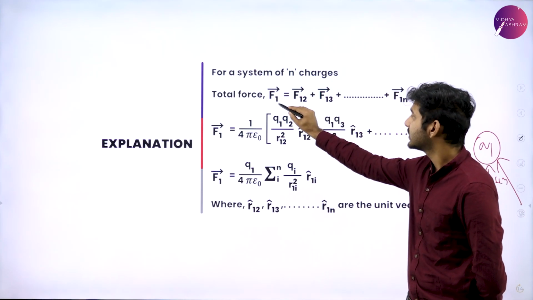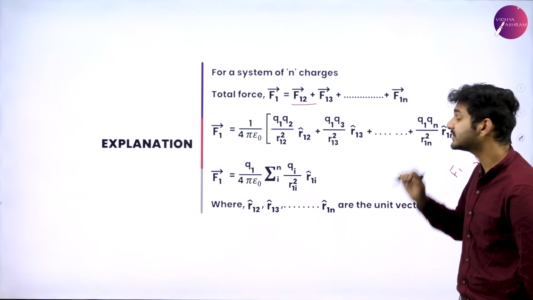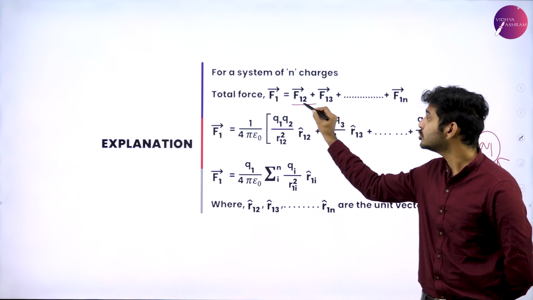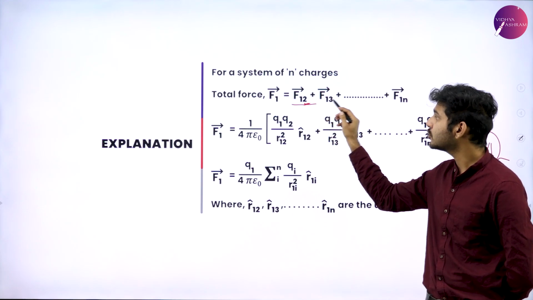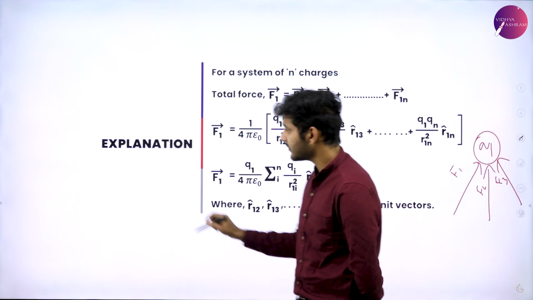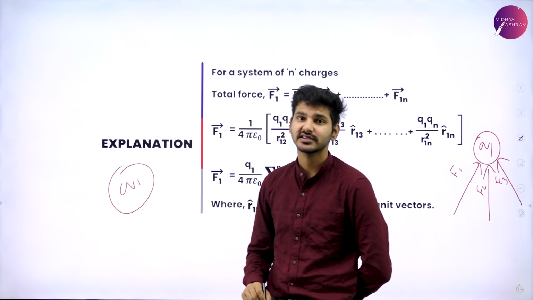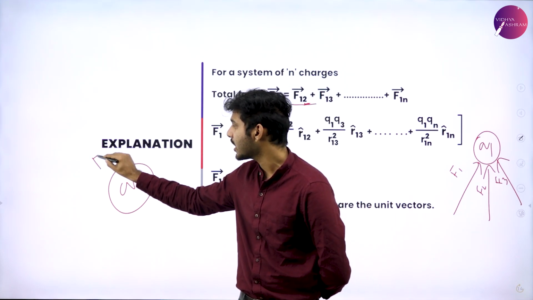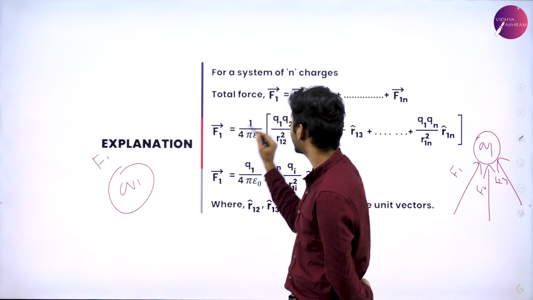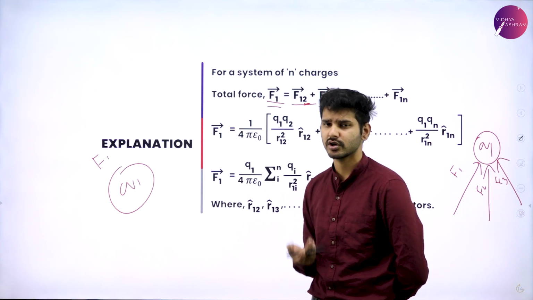That is, the force experienced by Q1 will be equal to the force exerted by Q2 on Q1 and so on. So the force on Q1 is denoted as F1, or you can just call it F total or F net.